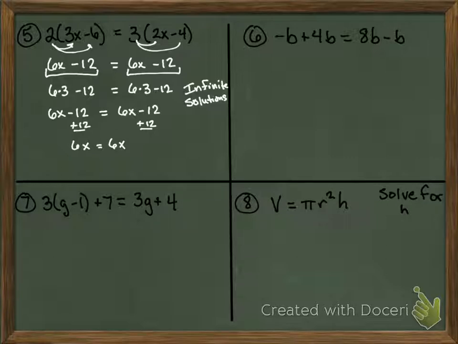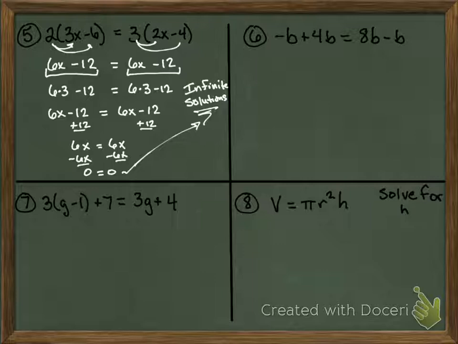I didn't realize that they were the same on both sides, which means that it's infinite. It doesn't matter what I plug in for x. Then maybe I subtract 6x from both sides, and I get 0 equals 0. Which is true. You can have 0 equals 0, and that means I can plug anything in, which tells me that my answer is an infinite solution problem for that equation.